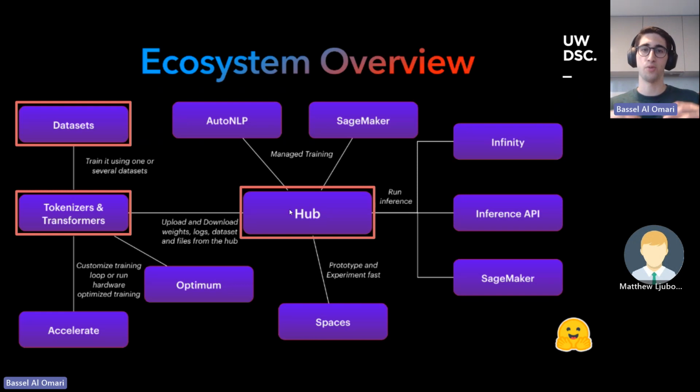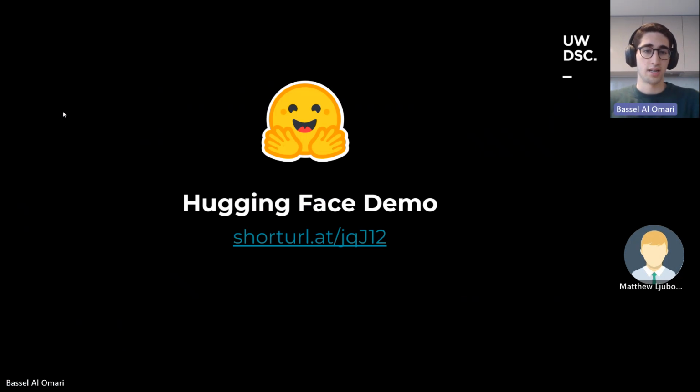So we're going to be looking at the hub, which stores all the models and all the data sets. We're going to be looking at transformers and tokenizers to load them, and the data sets library to load the data sets. I've prepared a Colab notebook which goes over how to use Hugging Face, so we're going to be taking a look at that in this workshop.